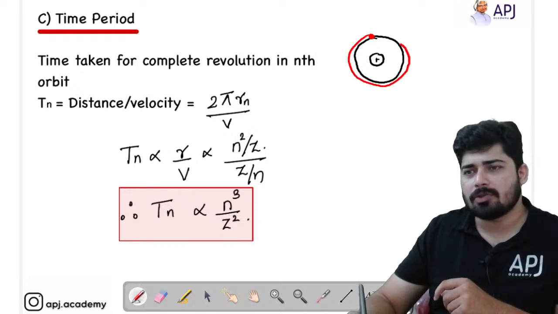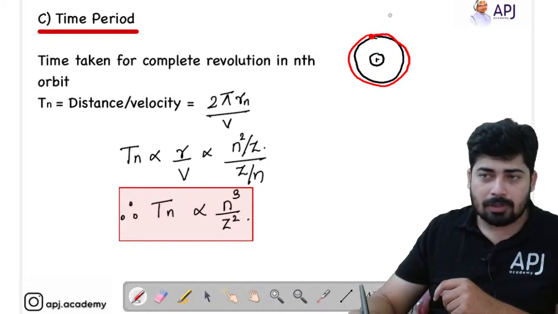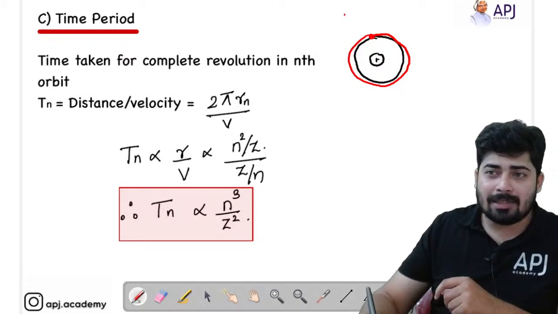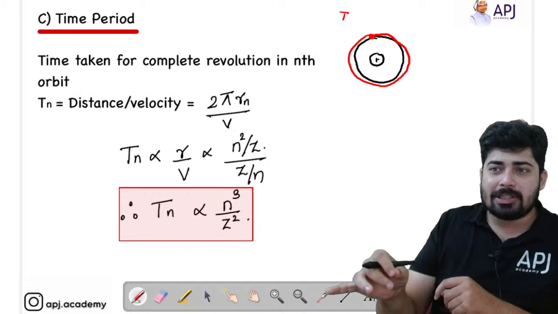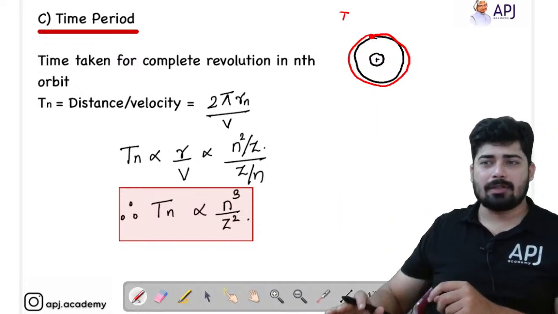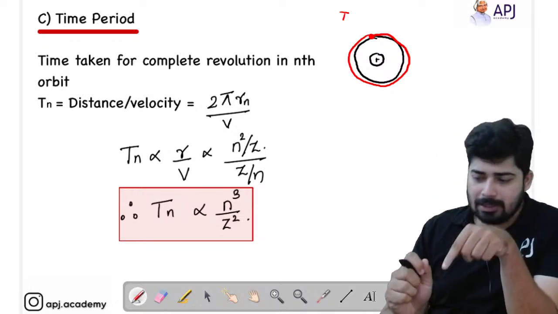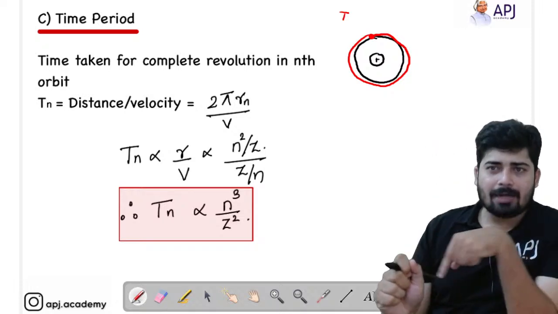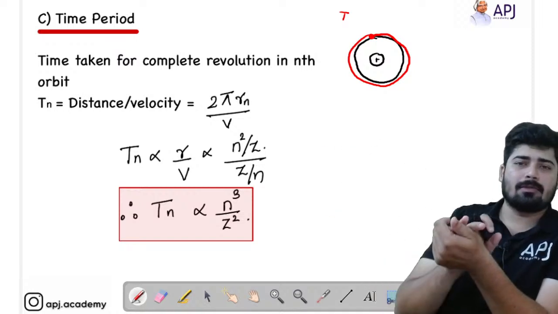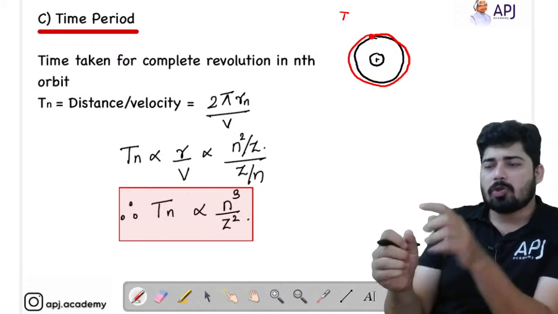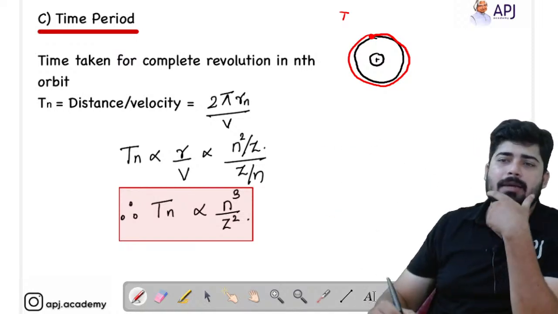It goes and it reaches the initial point. The time taken by the electron to reach the initial point is called a time period. That means the time taken to complete one revolution.